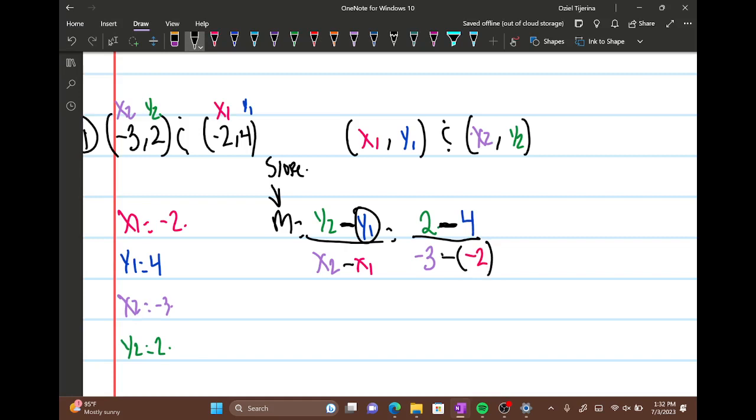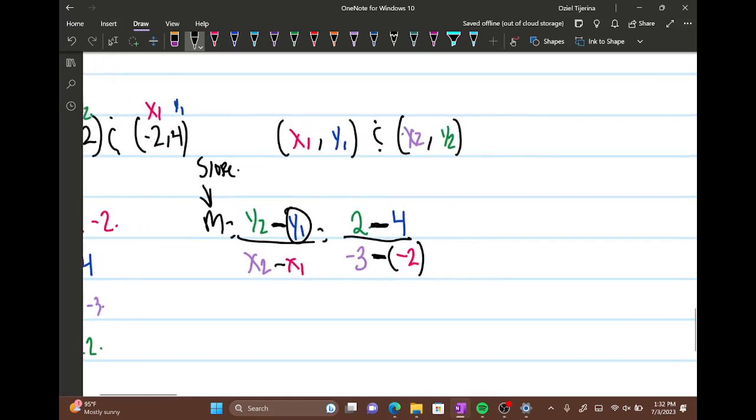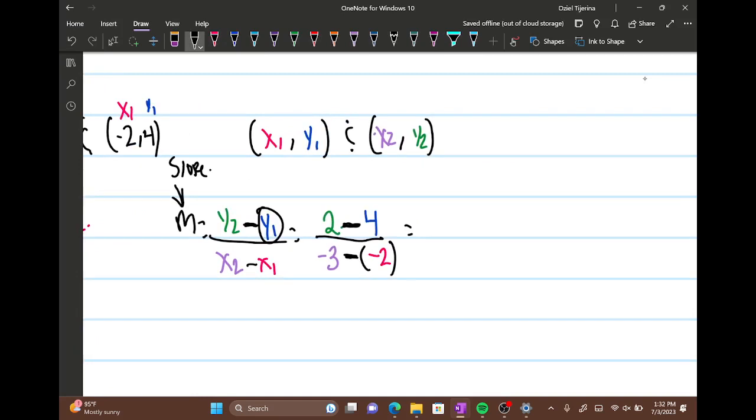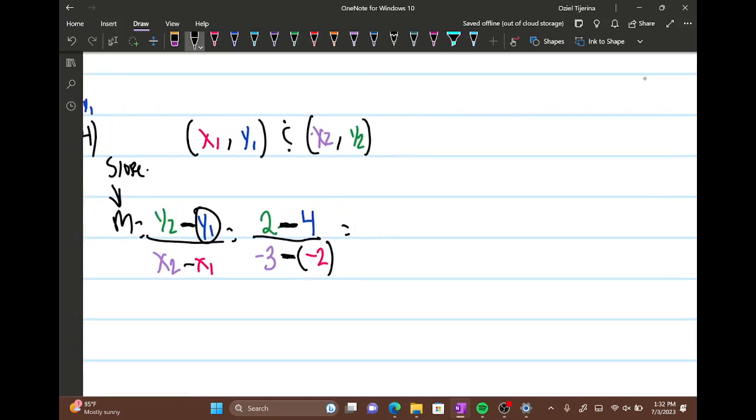Remember, we always put minus, parentheses, and then the negative. So then 2 minus 4, we should already know that. That's -2. And then over -3, and then the negative turns into a positive. So this will be -3 plus 2, right?